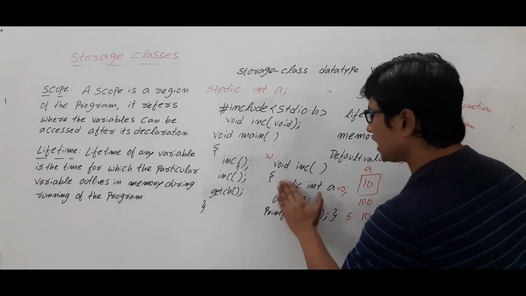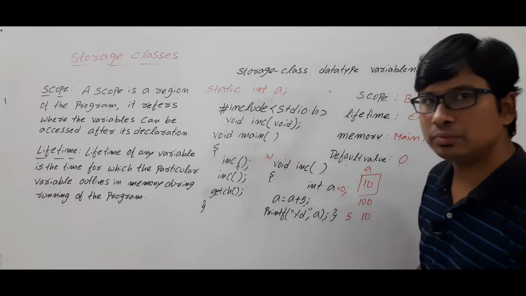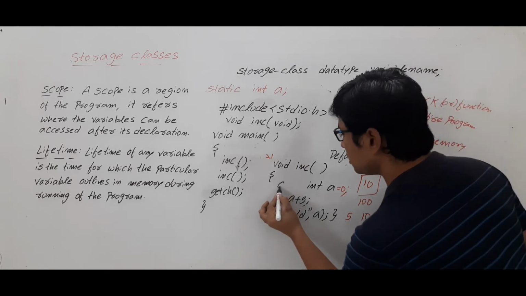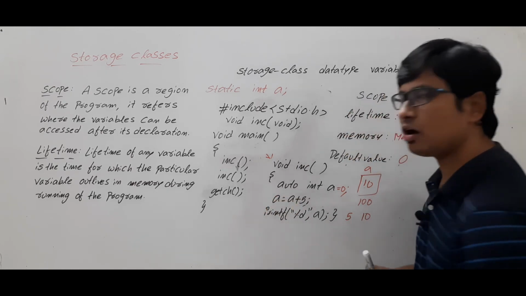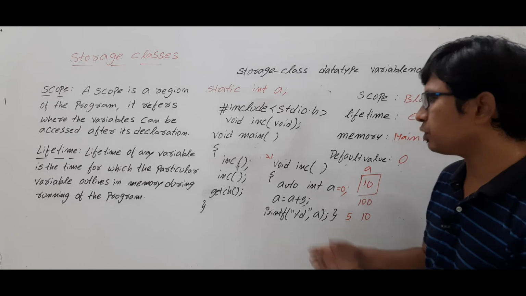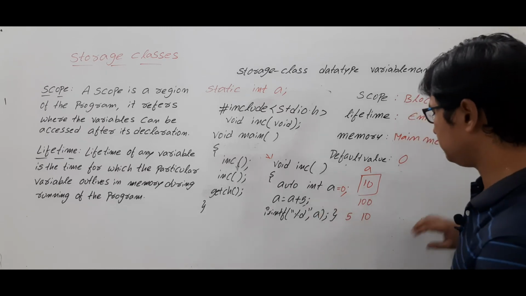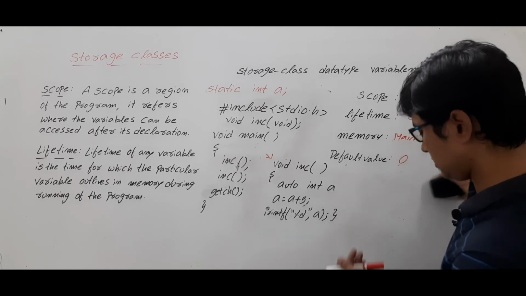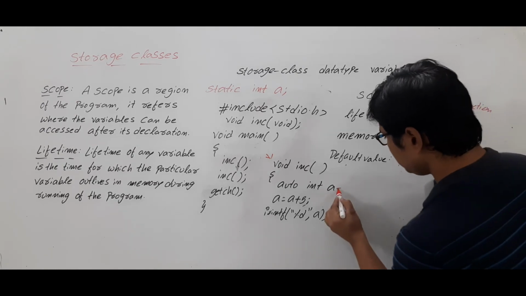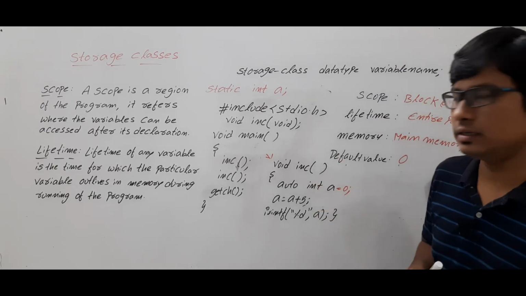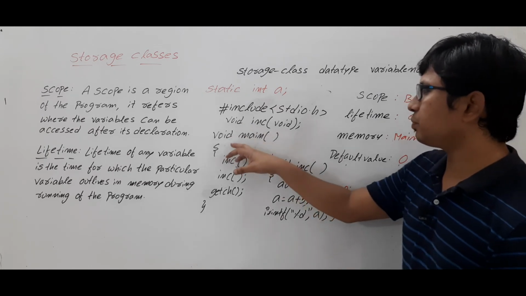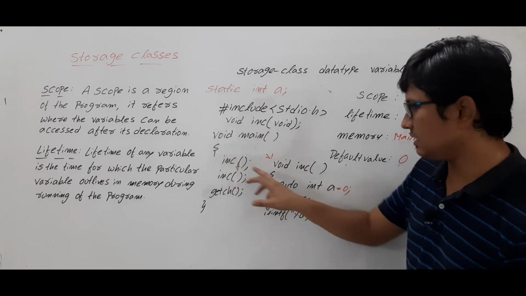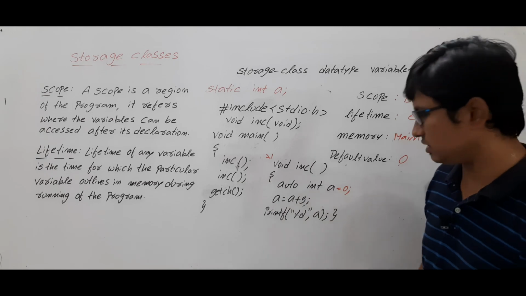Now to make you understand about the automatic variables, let me use the storage class here as auto. Then look at what the output of this program is. Now look at the program: void main, inc. So you will come to the function definition.